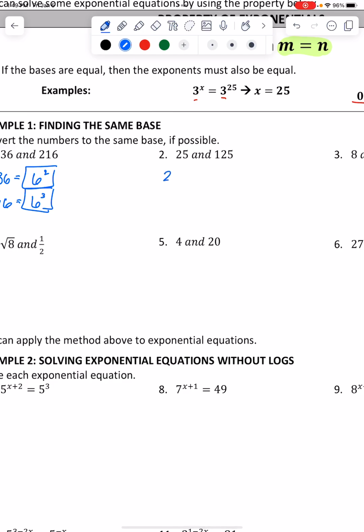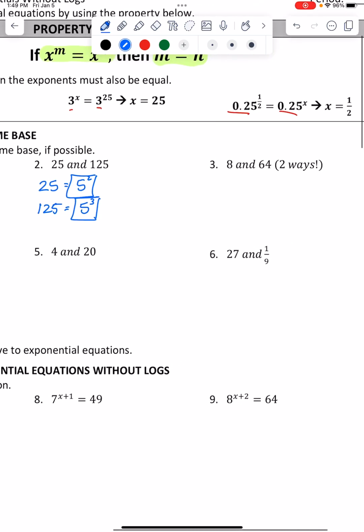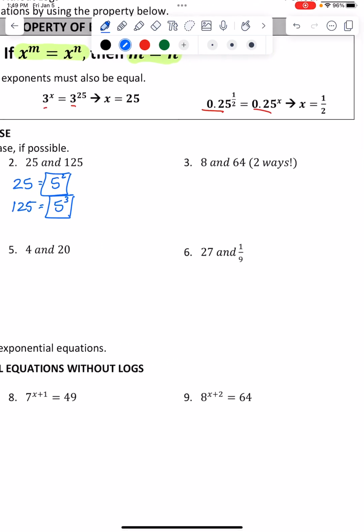Same thing with number 2, 25 and 125. We can rewrite 25 as 5 squared, and 125 as 5 to the 3rd. So we can rewrite them as the same base. Number 3, 8 and 64. There are actually two ways you could go about this one. We could say 8 is just 8 to the 1st power, and 64 we could rewrite as 8 squared.